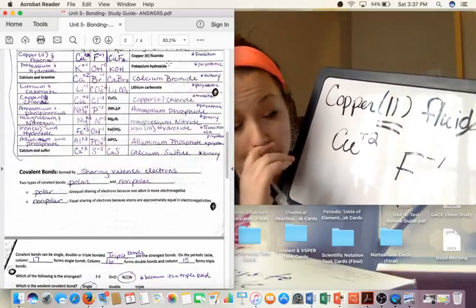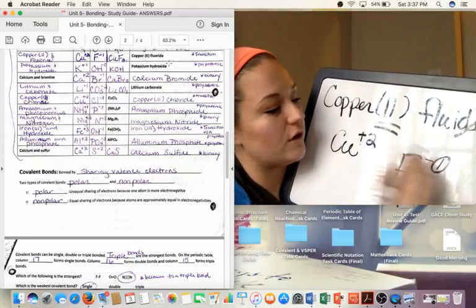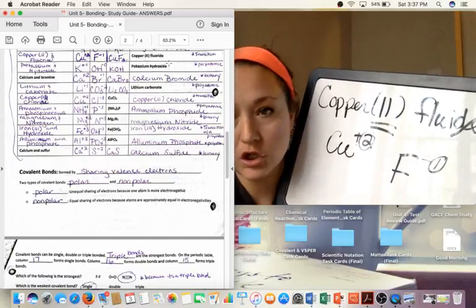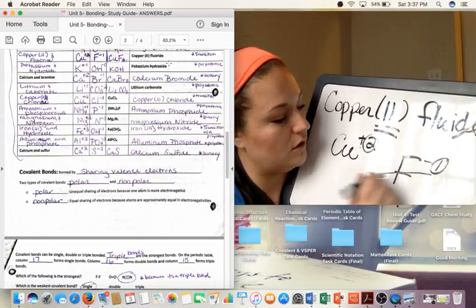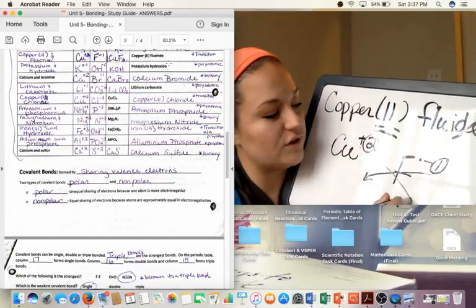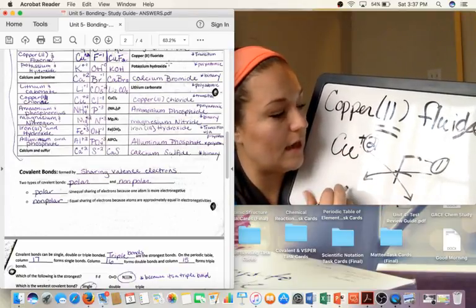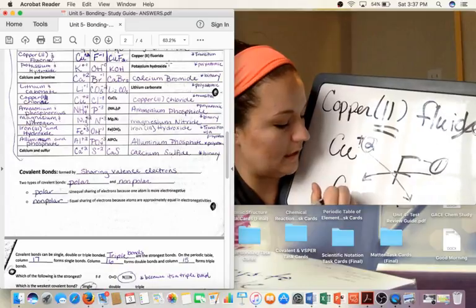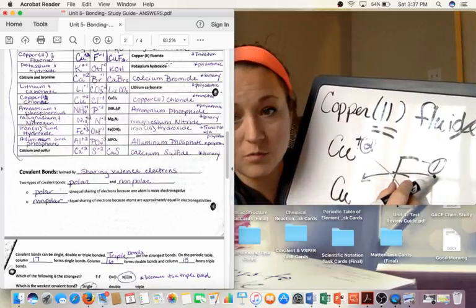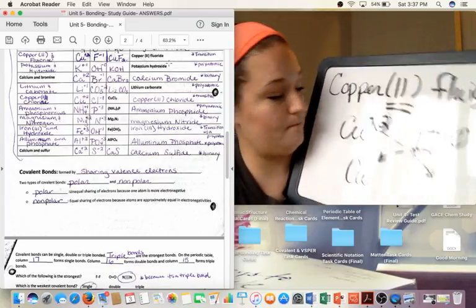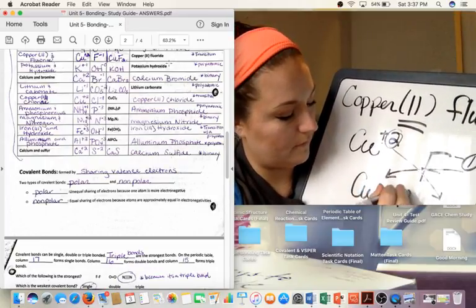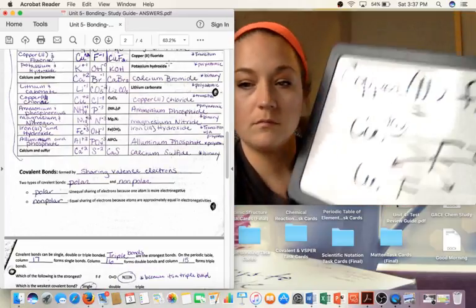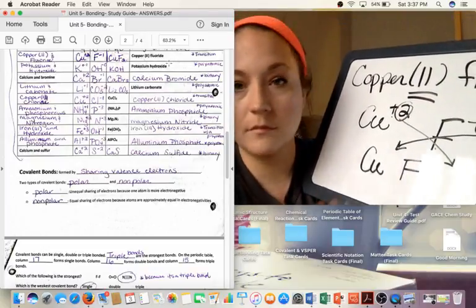The answer is no. You can do a crisscross method simply by circling the numeric number of the charge, crisscross them, and now you write out Cu, and because he's 1, I don't need to put a 1, and then F for fluorine, it's going to have 2.